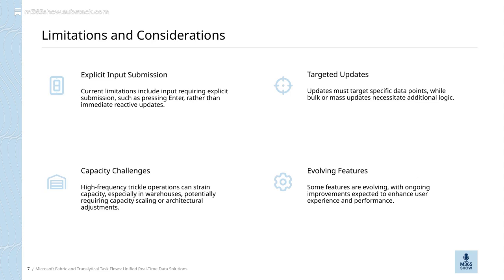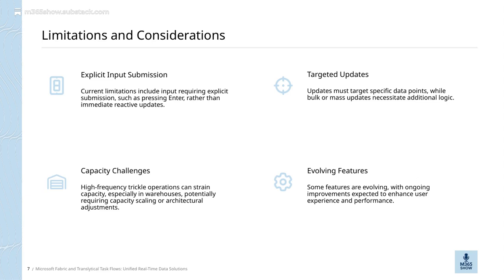So, while these tools are powerful, they are continuously being refined to better meet our needs. Next, when it comes to capacity, high-frequency trickle operations, think of those constant, small data updates, can put a strain on the system, especially in warehouse environments. This might mean we need to consider scaling up capacity or making architectural adjustments to handle the load effectively.